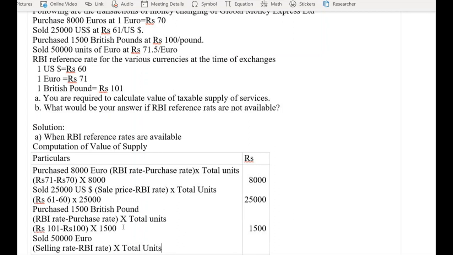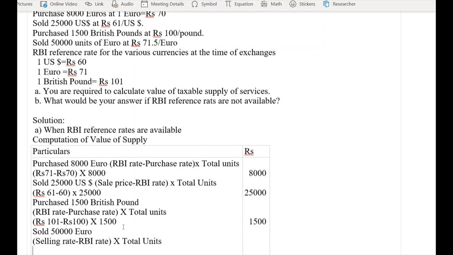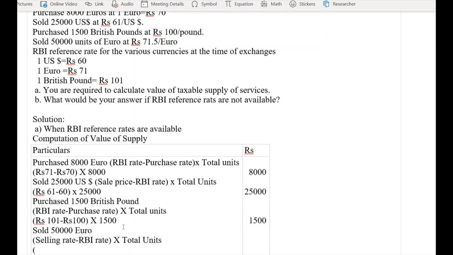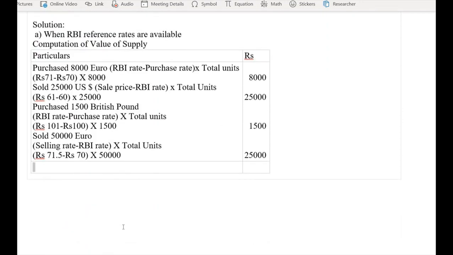So selling rate 71.5 minus 71 multiplied by 50,000 here. So that comes to 0.5 into 50,000, that comes to 25,000. So the sum of this will be, so value of supply equals to 8,000 plus 25,000 plus 1,500 plus 25,000, that is 59,500.